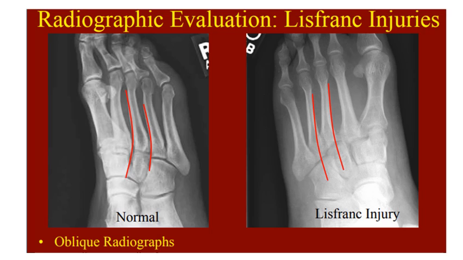But if you see on the right side, the alignment is lost. The lateral cuneiform is displaced medially. You can see this is your lateral cuneiform border. Okay, so be careful.